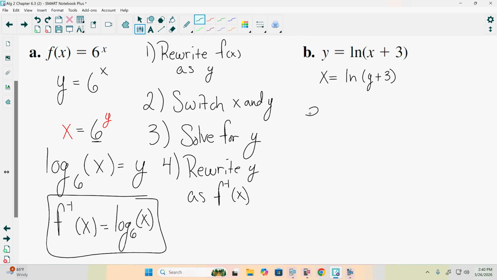So we would have e to what power? It'd be e to the x equals y plus 3. Because our switching that we did the other day still holds true. It still works, even if what's inside the log is more than one term.